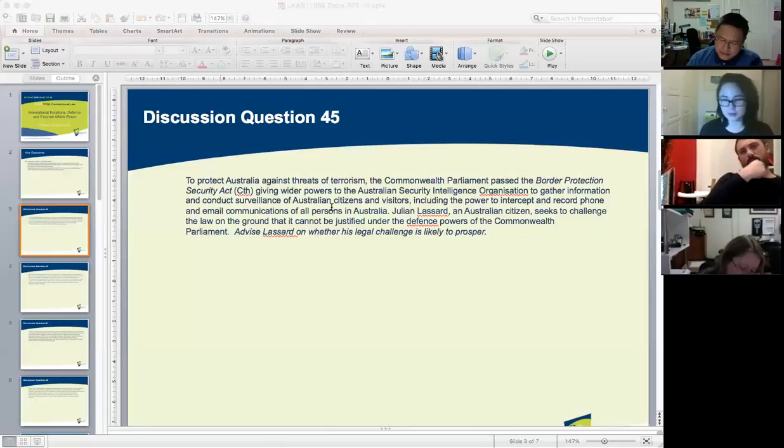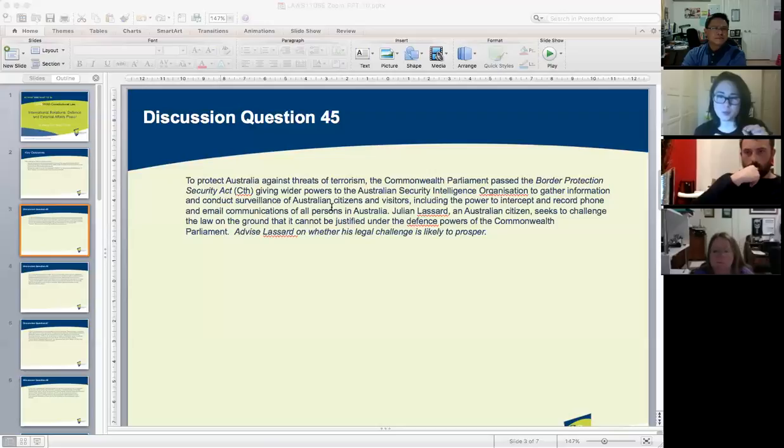If they just chucked it in under one of them, under 51, then you're all good. But what was the difference here? I thought that with this section in regards to defence, it's got a clear purpose. And so the purpose of the law has to therefore be for defence. So with all the other heads of power under 51, there isn't that clear purpose. Is that right?